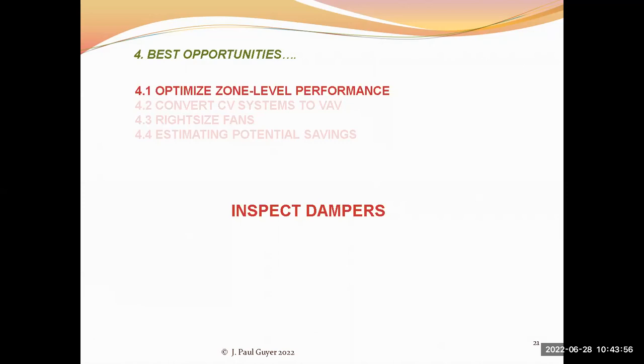And the design of the HVAC system calls for specific quantities of air to be discharged into specific spaces based on the occupancy and the activity going on in that space.